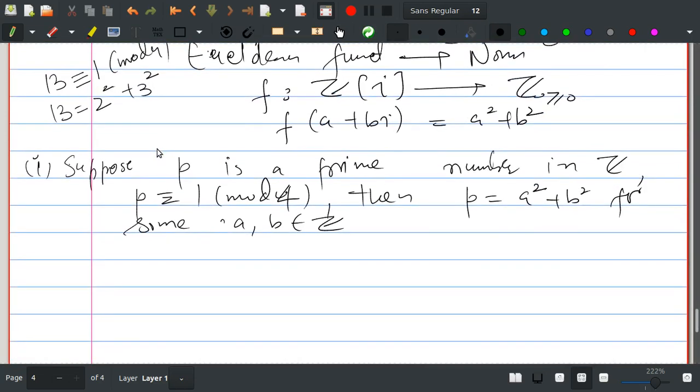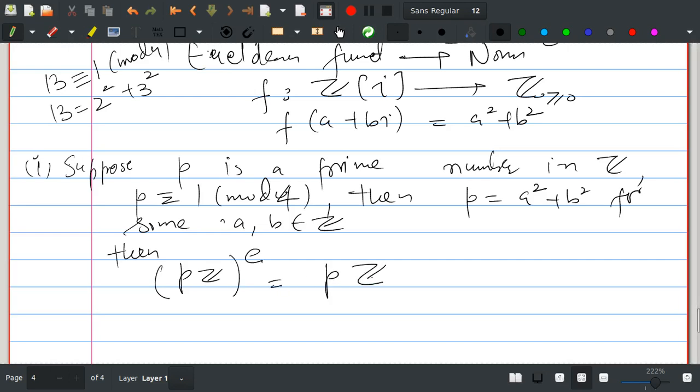Now let us look. This p is a prime of this form, then pZ is obviously a prime ideal in the ring of integers. Then its extension is actually p times the ring of Gaussian integers.